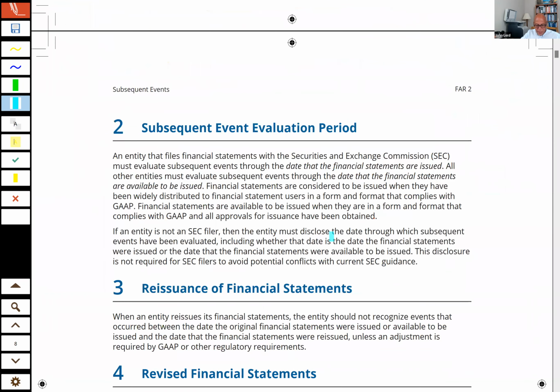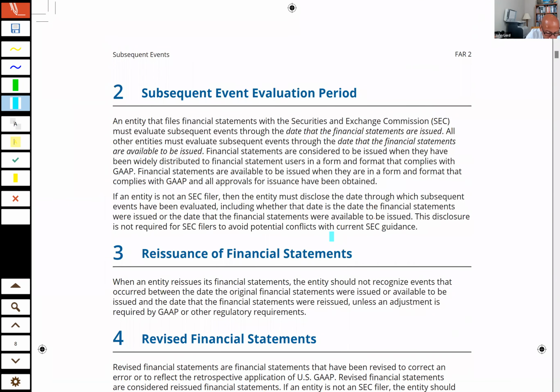Now, I find this a little bit annoying, but let's just go ahead and flashcard it. An entity that files financial statements with the Securities and Exchange Commission must evaluate subsequent events through the date the financial statements are issued. All other entities must evaluate subsequent events through the date the financial statements are available to be issued.